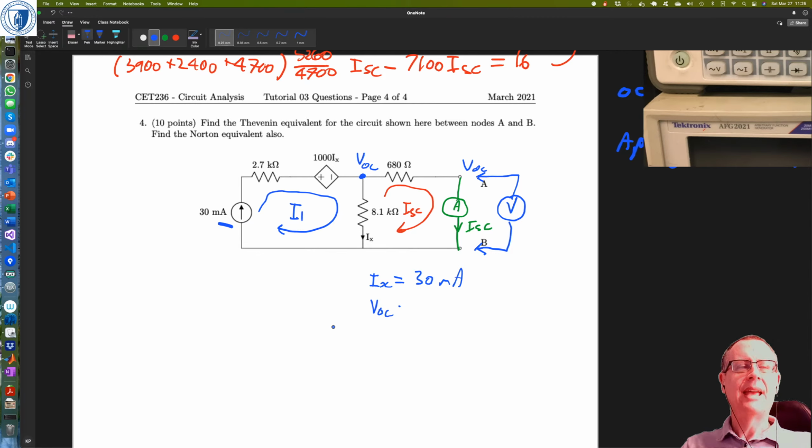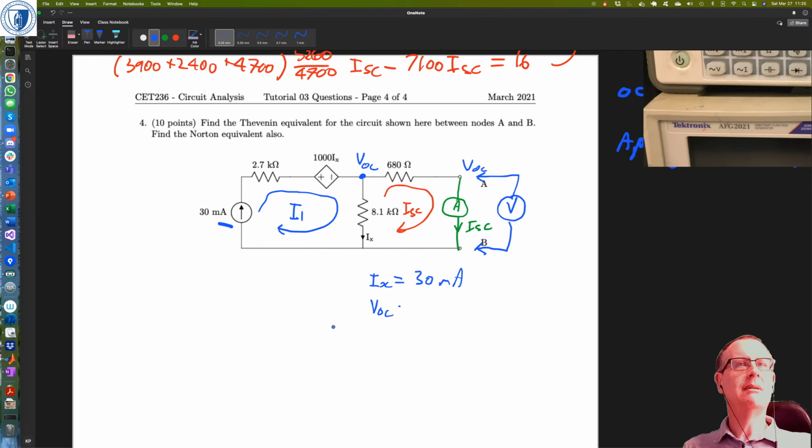We've got 3 options for solving for the Thevenin resistance. The first option is off the table, equivalent resistance. That doesn't work because we've got a dependent source, so we can't do it that way. So we need to use one of either open circuit voltage, short circuit current, or apply a voltage.